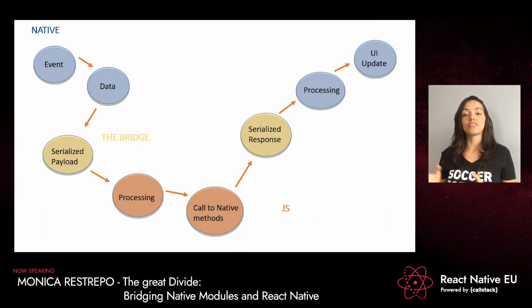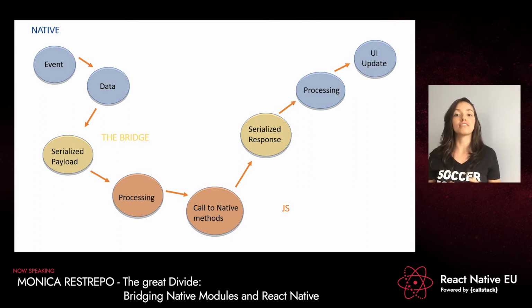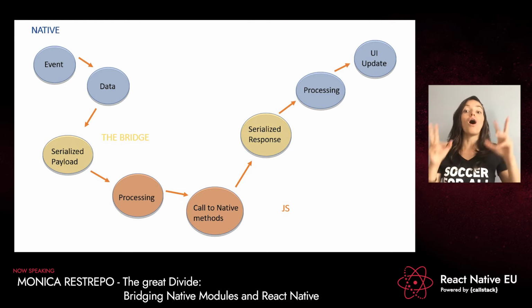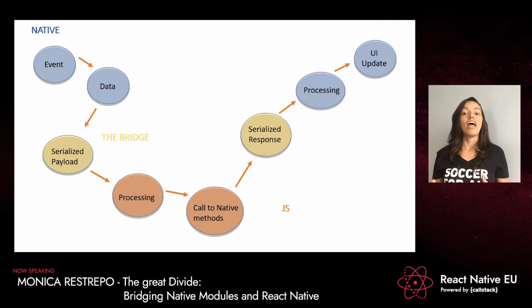The blue circles in this graph correspond to the activities taking place in the native side of our app. Events such as timers, network, touch gestures, and Bluetooth take place in this side. In the old implementation of React Native, these events needed to be initialized at the time that the app was being initialized, even if we weren't going to use them then.